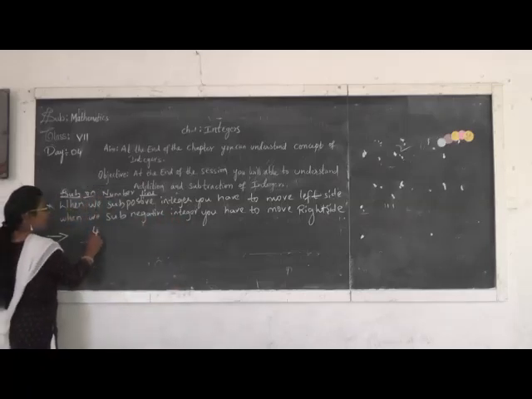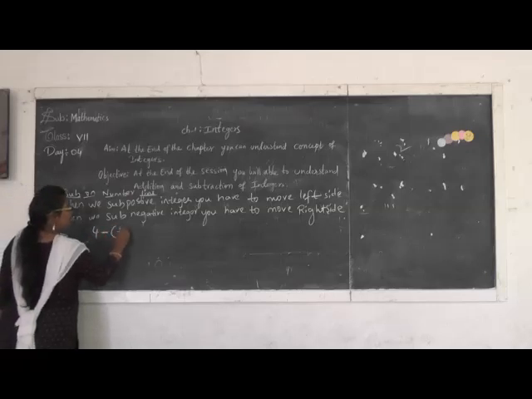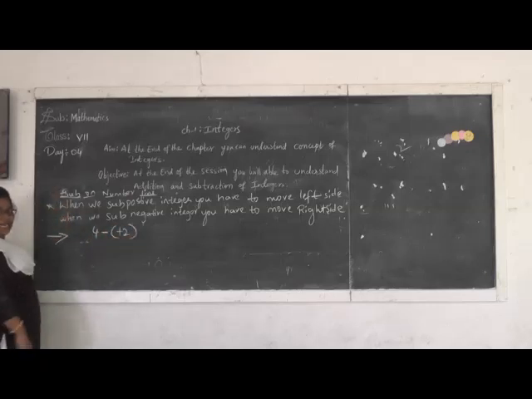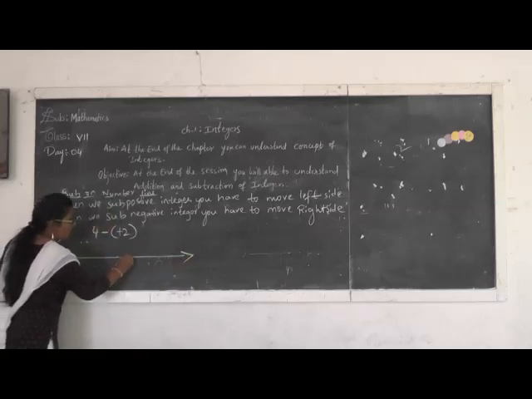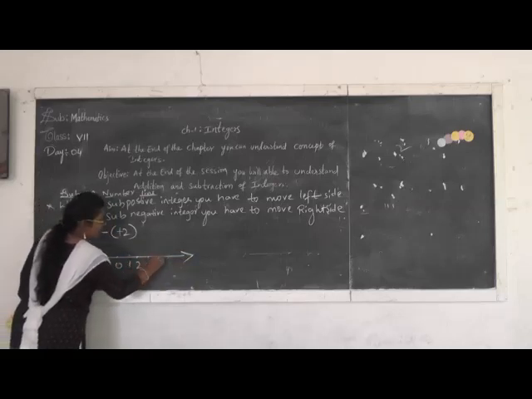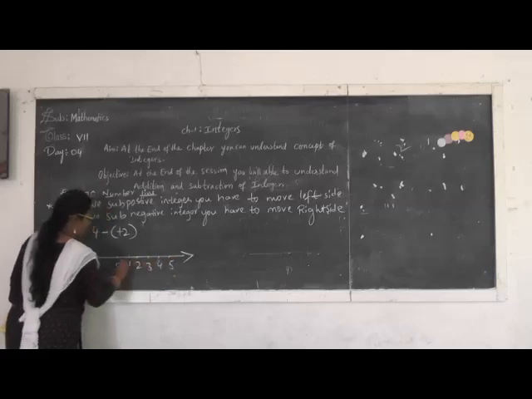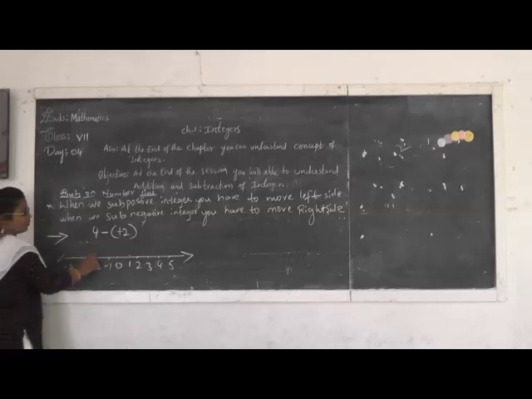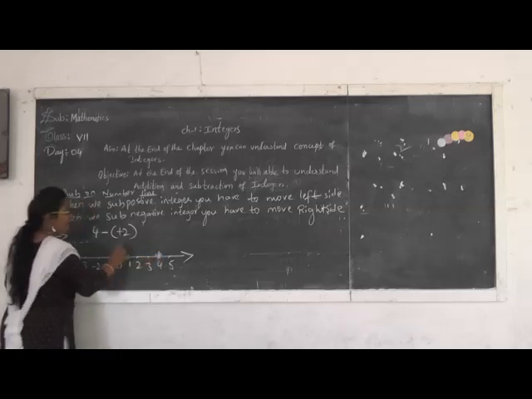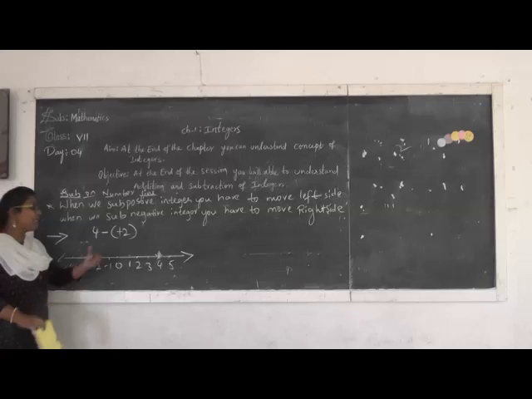So let's check. 4 minus of plus 2. Here I am subtracting a positive term. So what do we have to do? 0, 1, 2, 3, 4, 5, minus 1, minus 2, minus 3, minus 4. First 4, here it is. Minus of plus 2 means we are subtracting a positive term.